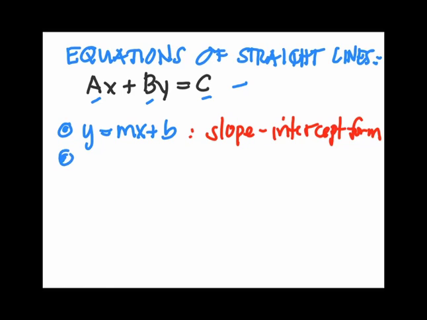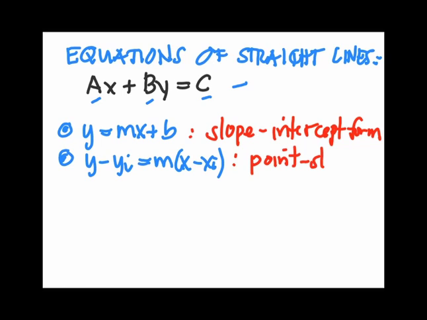Secondly, y minus y1 is equal to m times x minus x1. This is what we call the point slope form.